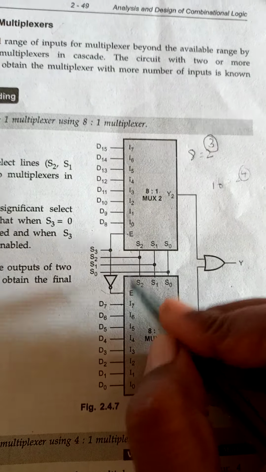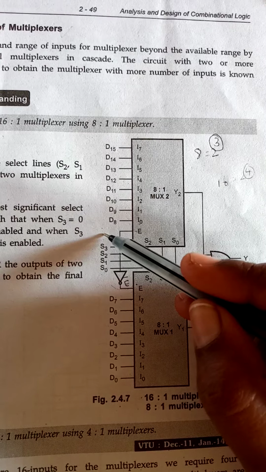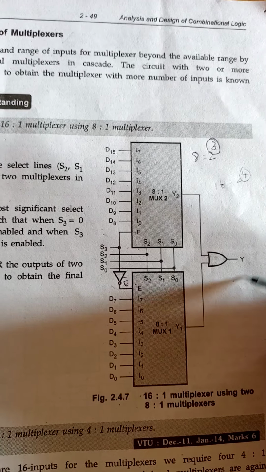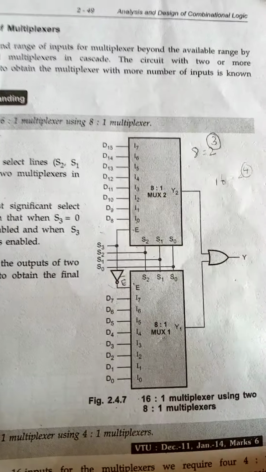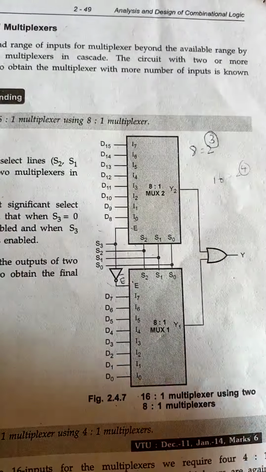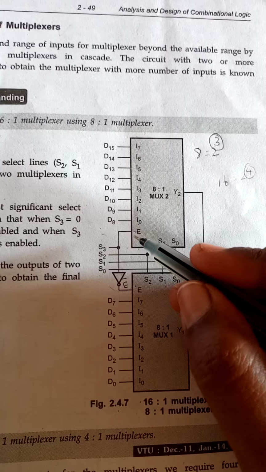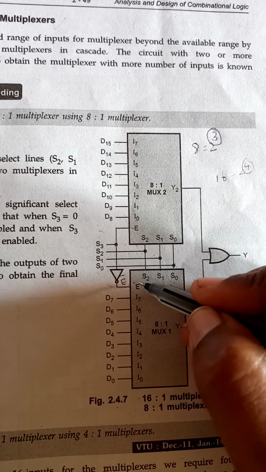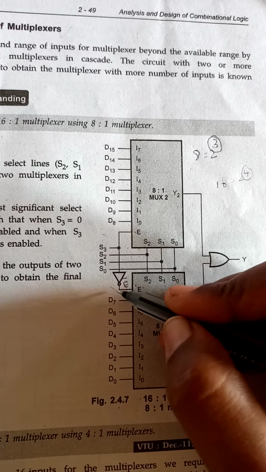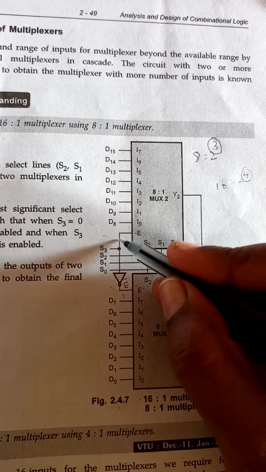We have 16 inputs, 1 enable pin, and 1 output. Now let us see how it works. When I give enable as 1, what is the output of the NOT gate?